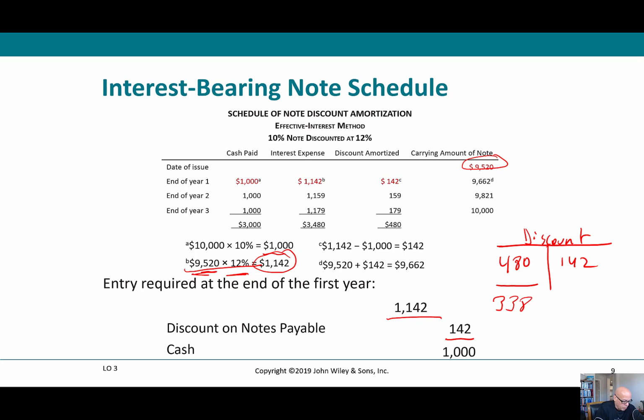So at the end of year one, my balance sheet is going to look like this. Note payable is still 10,000.